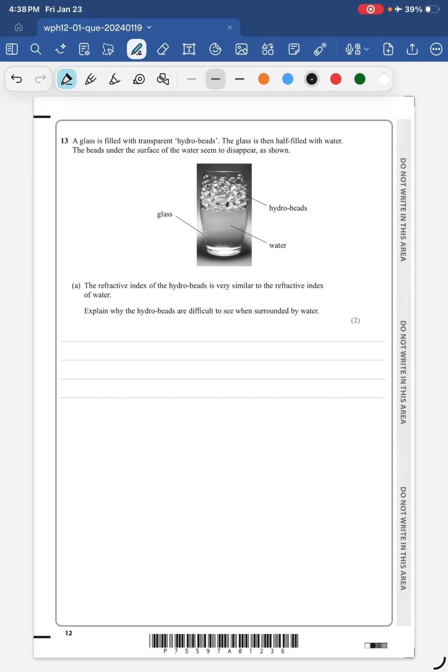Okay, so the index of refraction, I guess, is what makes the difference.